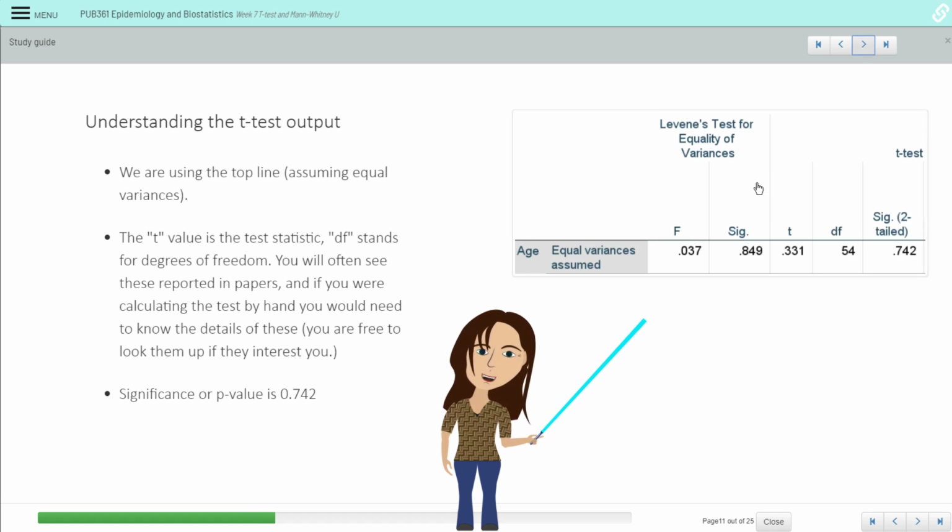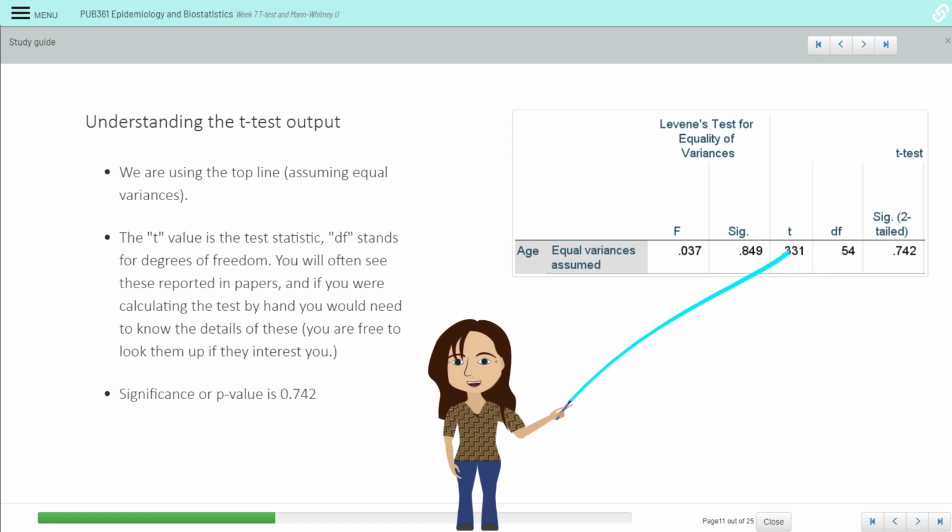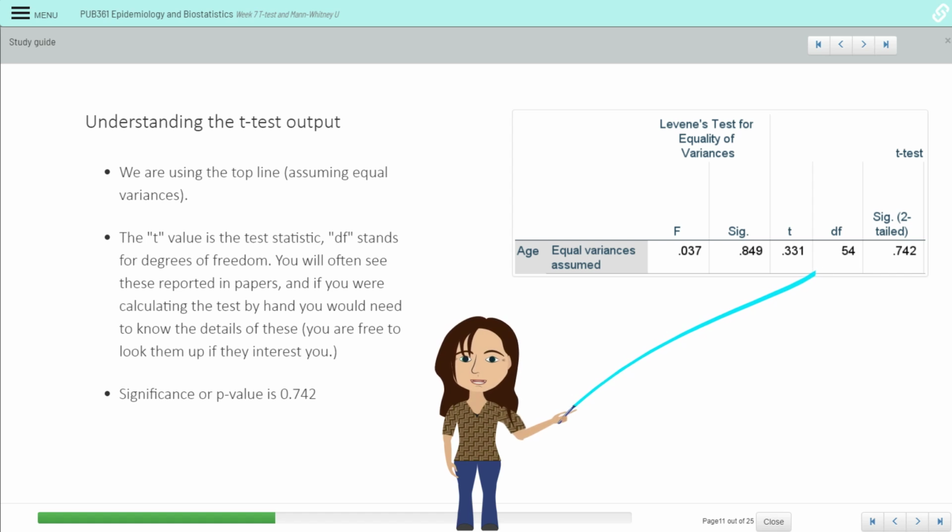The next part, after the test of variances, is the t-test. Now, I have a feeling that in the latest version of SPSS, it actually splits this out into a different table, which is quite handy, but I don't think that is installed on the labs yet, so yours will probably still look like this. So if you were doing this test by hand, you would calculate the test statistic, which is this t-value.